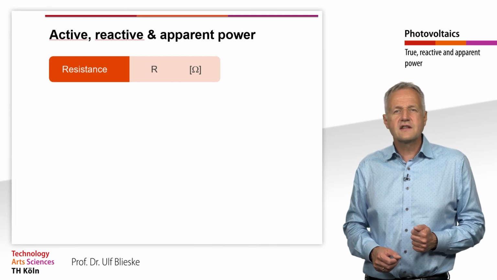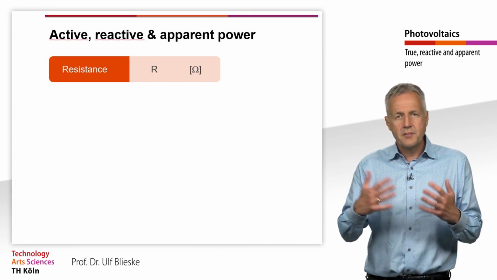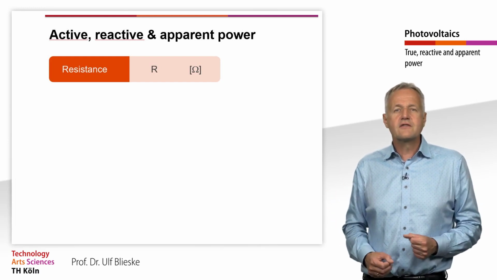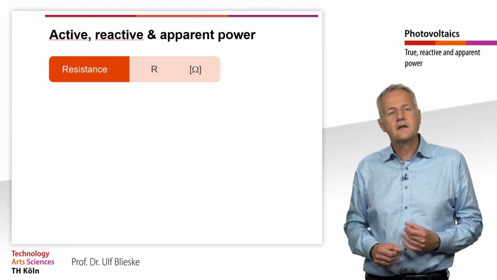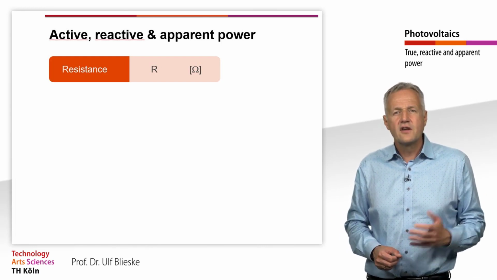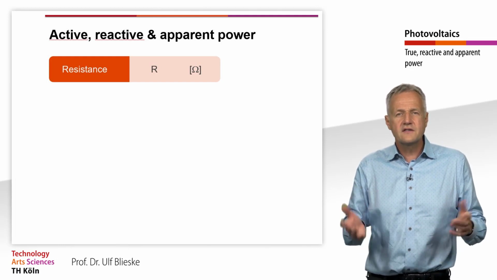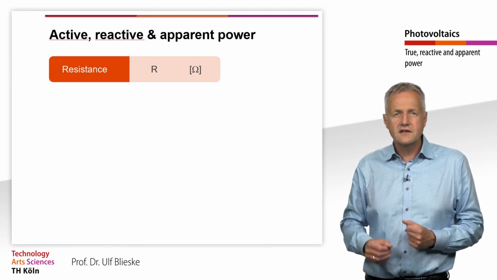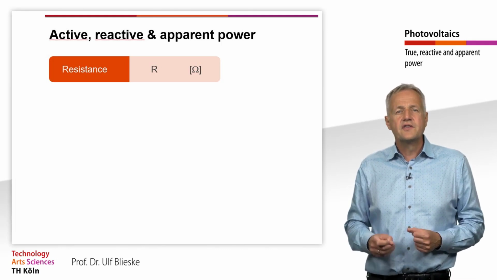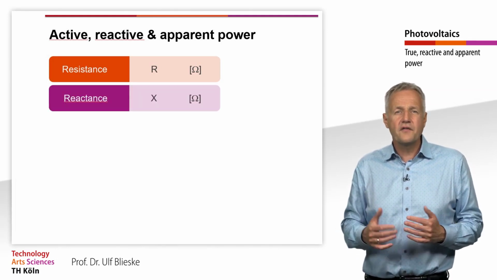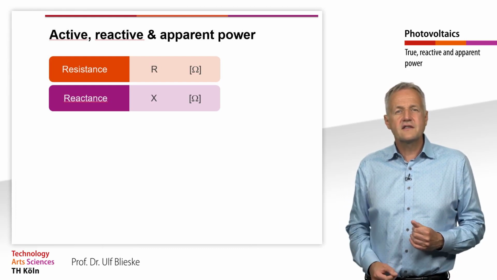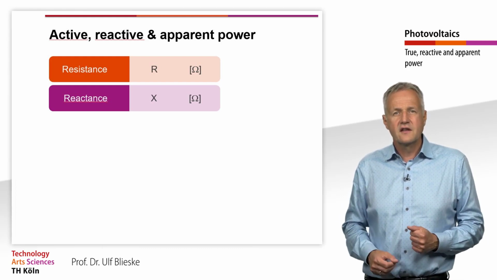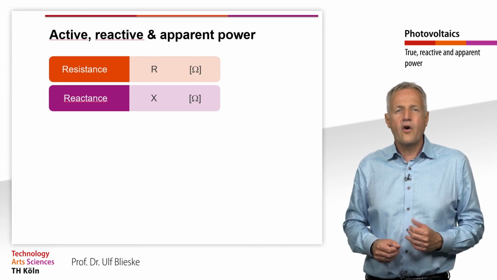Similar to the distinction between active, reactive and apparent power, we can also distinguish between resistance, reactance and impedance. The ohmic resistance limits the current flow in a system and is designated with the letter R. The reactance is the part of the overall opposition to current flow that is due to a capacitance, an inductance, or both.